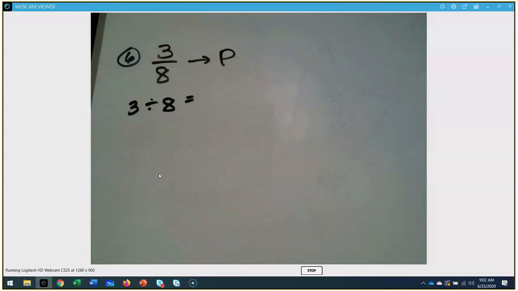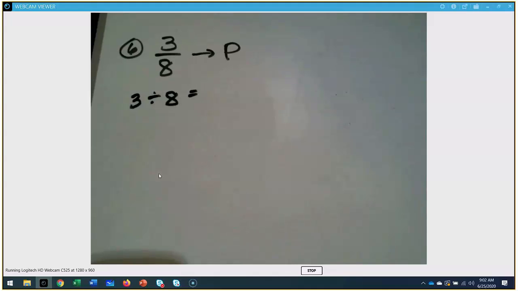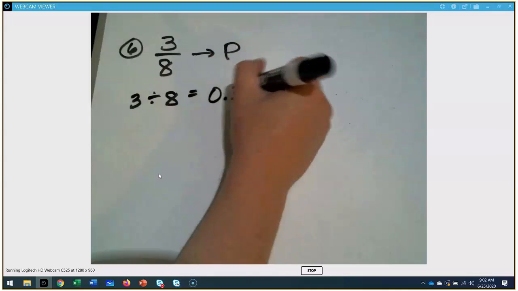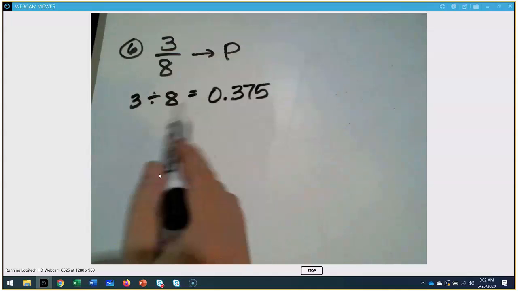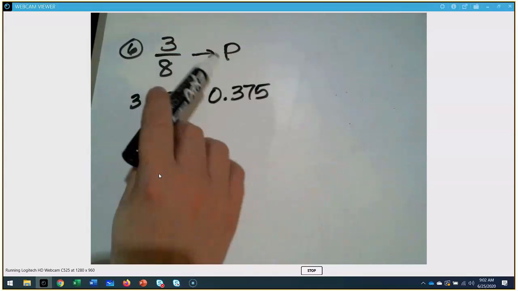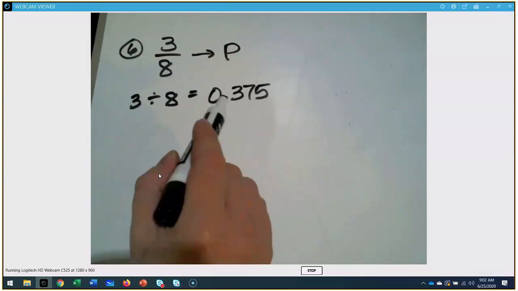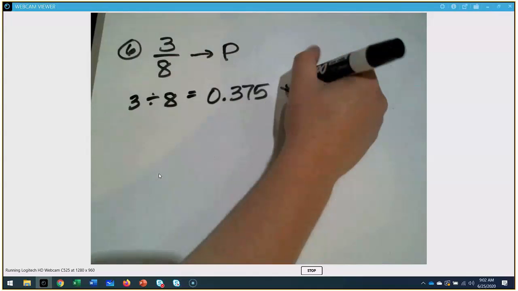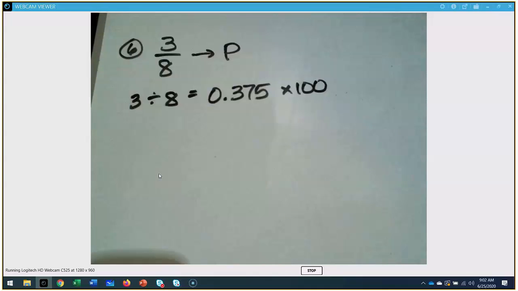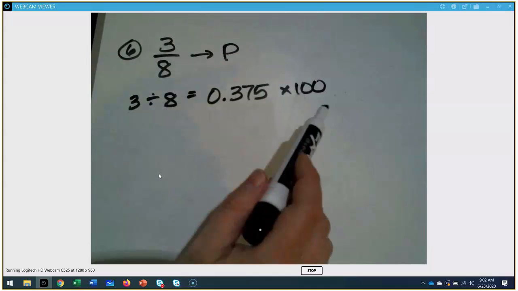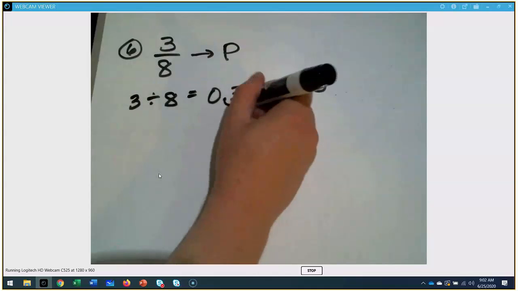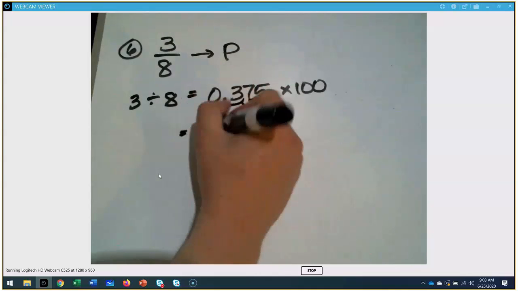So 3 divided by 8, which is decimal form. We want percent form, but this is halfway there. And once you're there, to put a percent sign on, you multiply by 100. Dividing by 100 takes it off, and multiplying by 100 puts it on. And in this case, it's also going to move your decimal over 2 times.